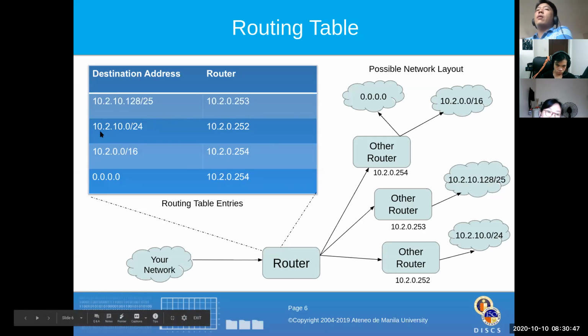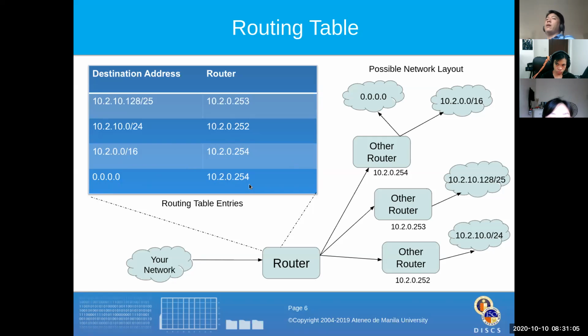If I want to send it to 10.2.10.0/24, I send it to this router here. For 10.2.0.0/16, I send it to 10.2.0.254. And if I don't know where to send it, that's the default route, I send it to 10.2.0.254 as well. So this is what a routing table looks like.